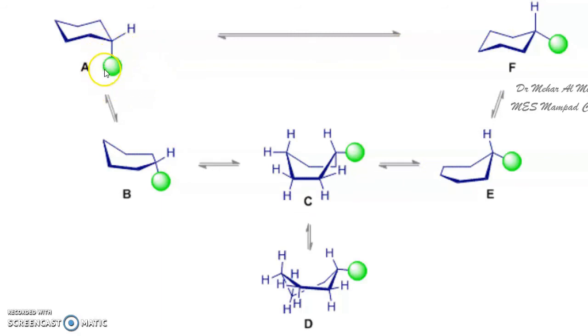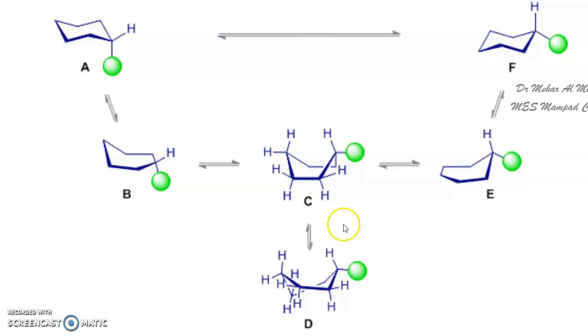The axial bond has now come to the equatorial position, has taken up the equatorial orientation, and the equatorial bond has taken up the axial orientation. So during flipping, this happens. During flipping, all the axial bonds present on the cyclohexane will be oriented in the equatorial position, and all the equatorial bonds will be oriented in the axial position. You would have seen it in that video.